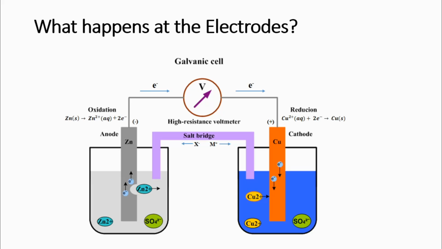So the salt bridge is very important in connecting the two half cells electrically, and allowing a charge balance between the two solutions. So this is very, very important for us to note.